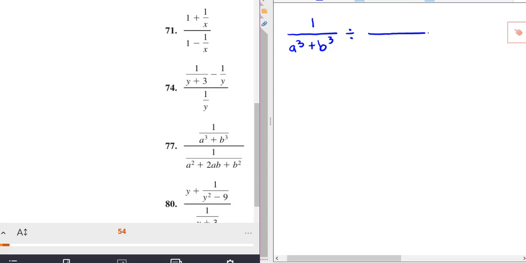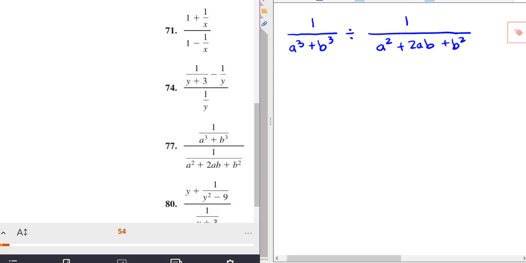And is this exactly the denominator? Now I can only do this if there is a single fraction above and below. I'm not adding fractions above or below. I'm not subtracting fractions above or below. Right? It's just one fraction above and one fraction below.